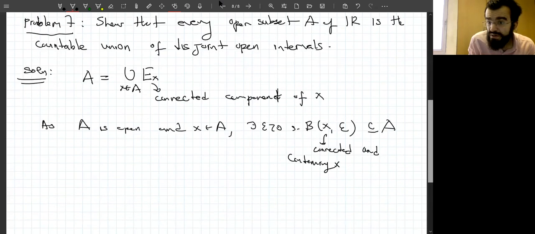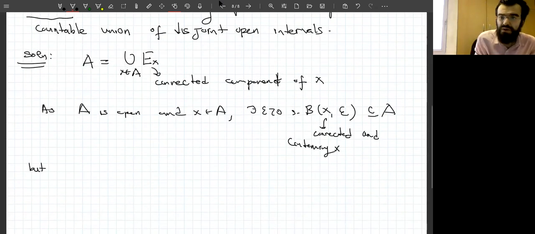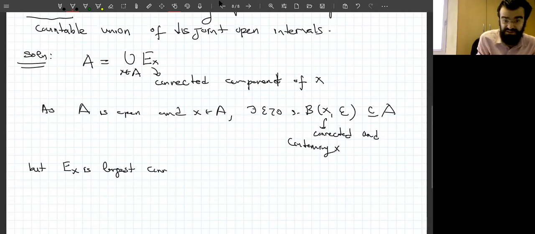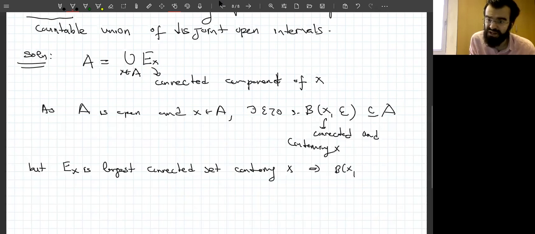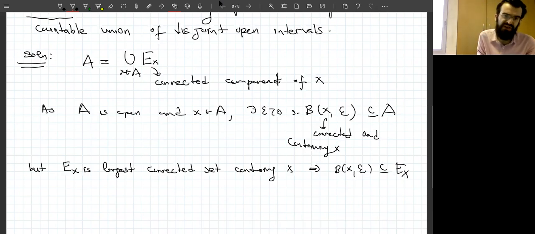But this set, E_x, is the largest connected set containing x. This implies this ball in fact is contained in E_x. We did it only for x. Let me do it for any y.